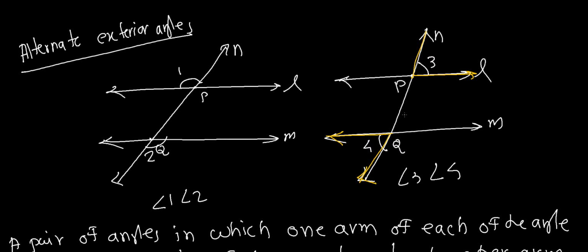That's why they are alternate, though this makes them exterior angles, but their property that their other arms are opposite to each other makes them alternate exterior angles. Same thing about this: this is the first arm, this is the opposite arm, and this is the next arm which does not include line segment PQ, hence alternate exterior angles.